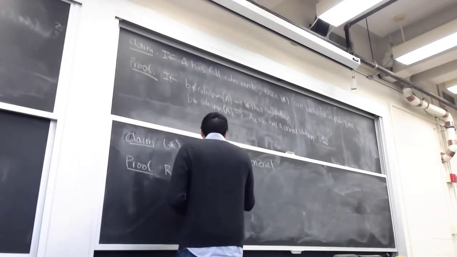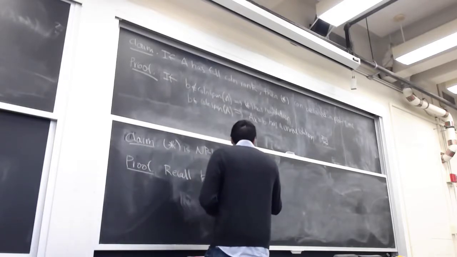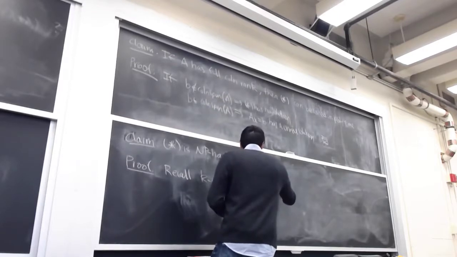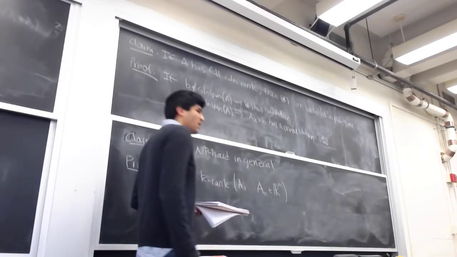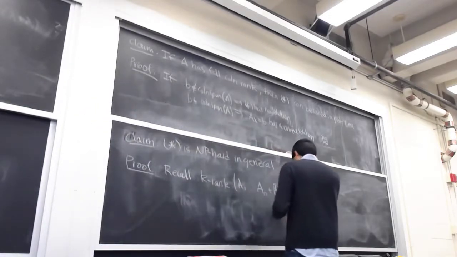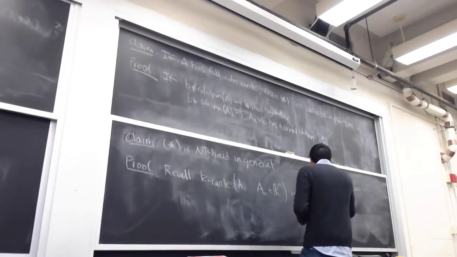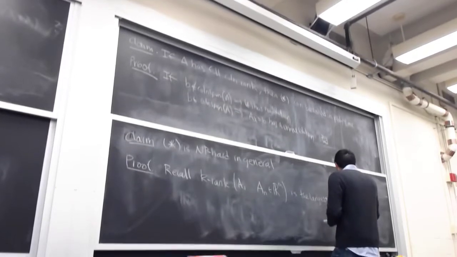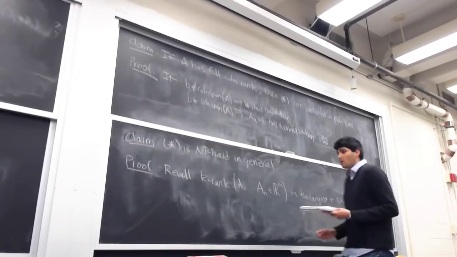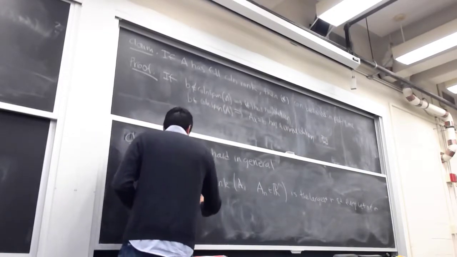recall the Kruskal rank of A1 up to An in some m-dimensional space, where you're thinking about m as being less than n in this case, is the largest R so that every set of R vectors is linearly independent.